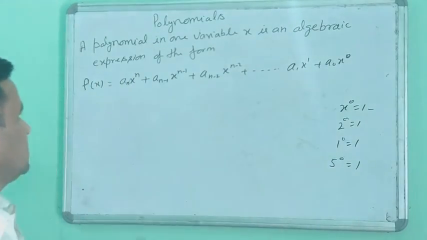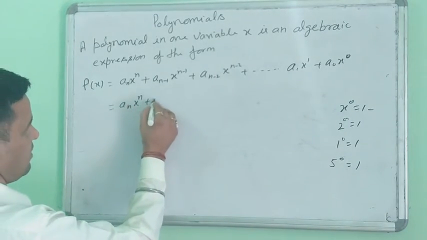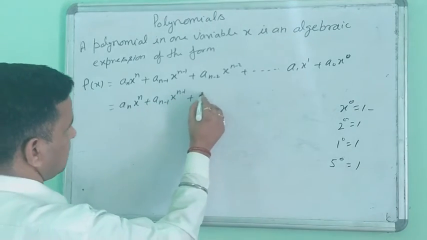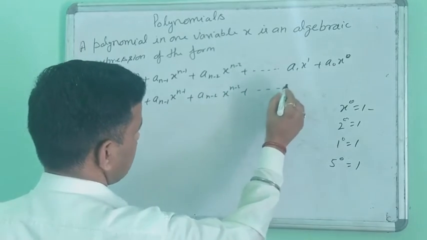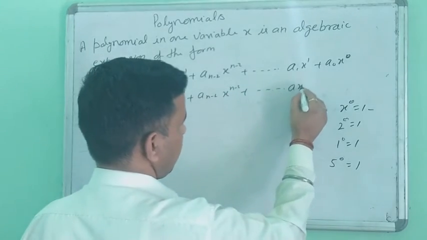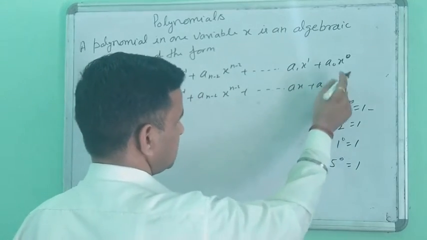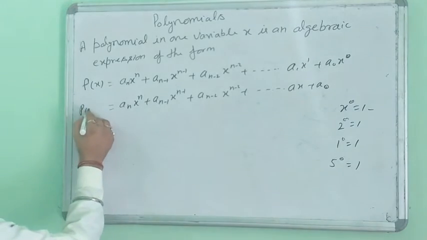So you can write this as a_n x^n plus a_(n-1) x^(n-1) plus a_(n-2) x^(n-2) plus and so on, plus a_1 x plus a_0. The value of x^0 is equal to 1. So this is the form of the polynomial.